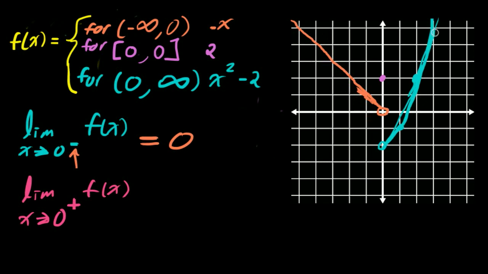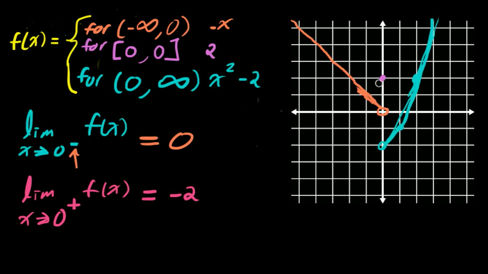So what does this function approach as x approaches 0 from only the positive side? And hopefully you can see that this is going to approach -2 as we approach 0 from the positive side.